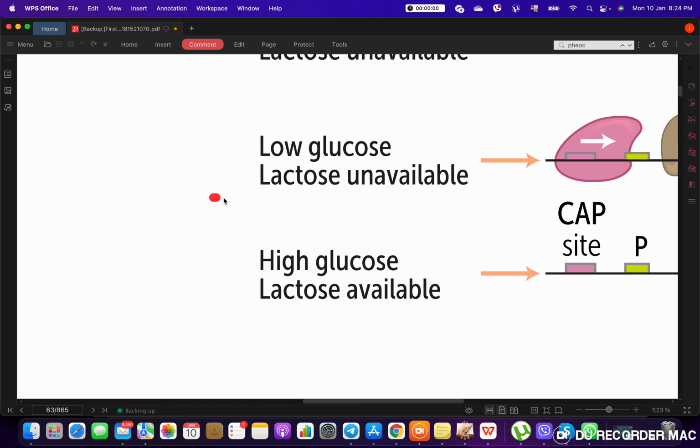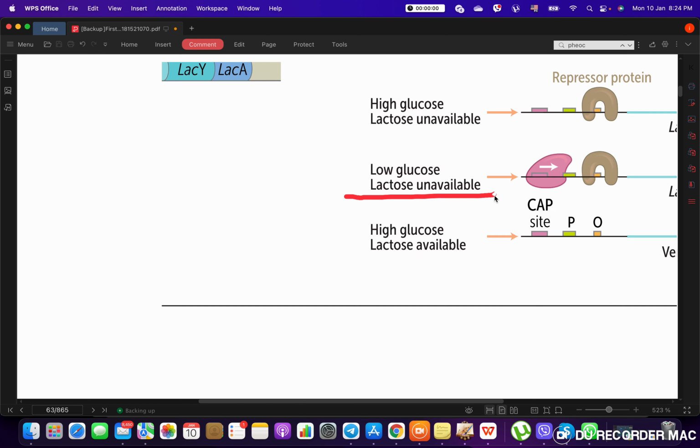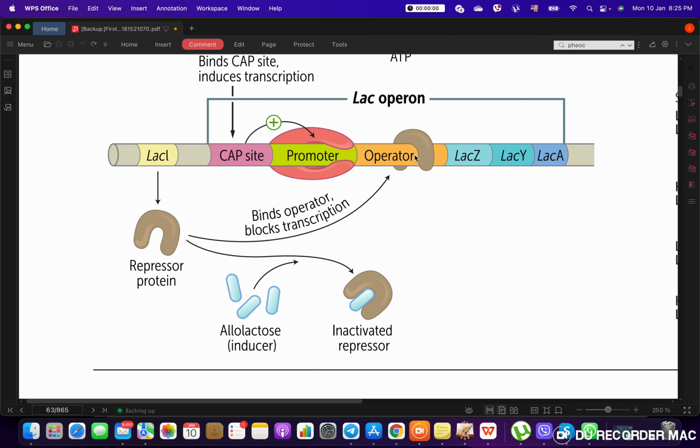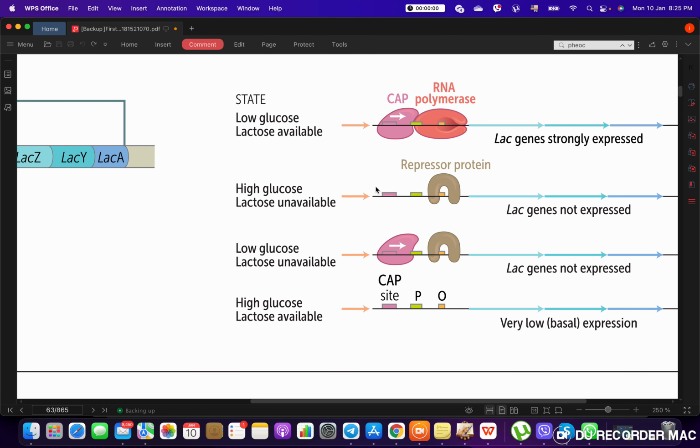When the lactose is unavailable, will the repressor be active or inactive? It will be active. Remember guys, the repressor used to repress when there was nothing to stop him. But when you had the lactose, it used to stop him. Yes?